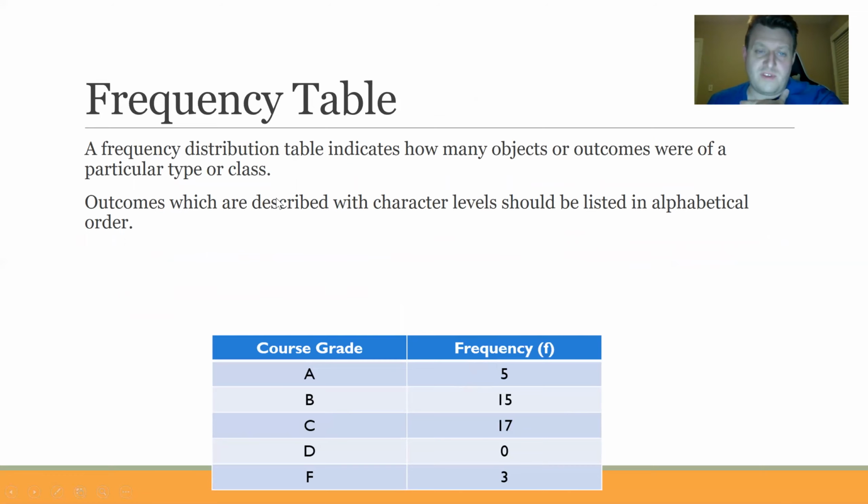A frequency distribution table indicates how many objects or outcomes of a particular type or class. If we have outcomes that are alphabetical and they're a nominal variable, we should put them in some kind of order. Maybe put them in alphabetical order, just to make it easier for the reader to find the particular outcome.